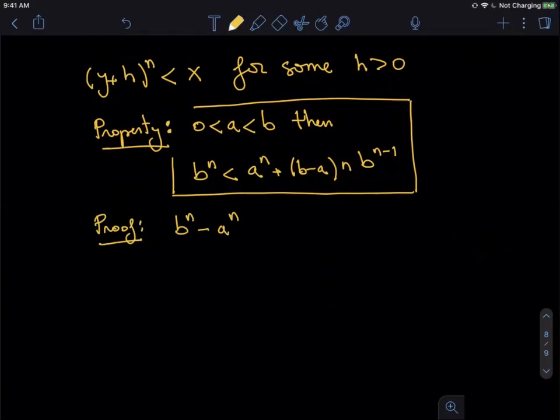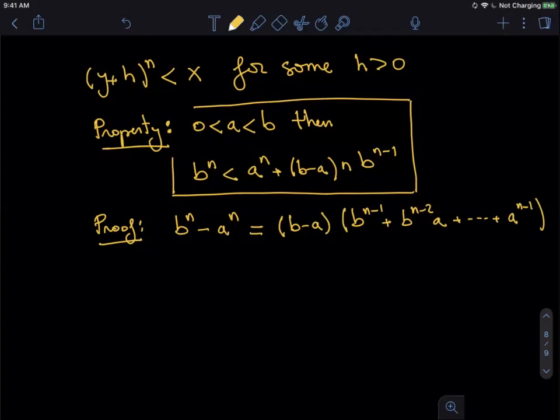If I look at the polynomial b^n minus a^n, I can factor this as (b minus a) times (b^(n-1) plus b^(n-2) times a plus, and so on, until a^(n-1)).